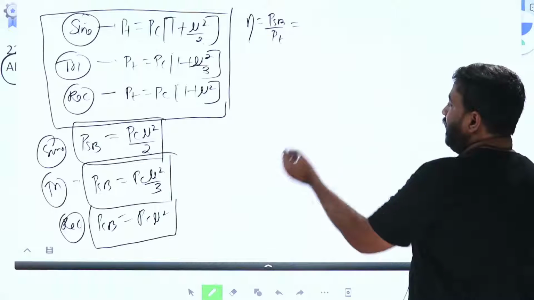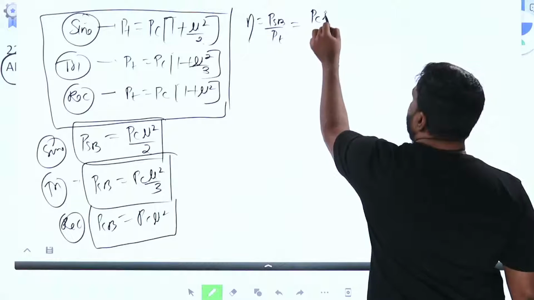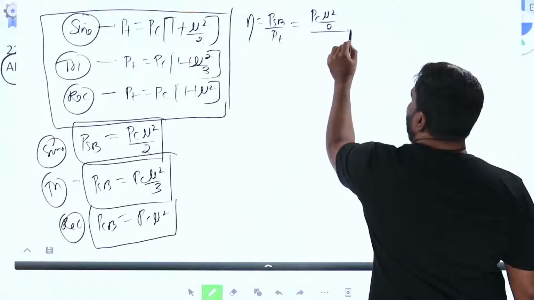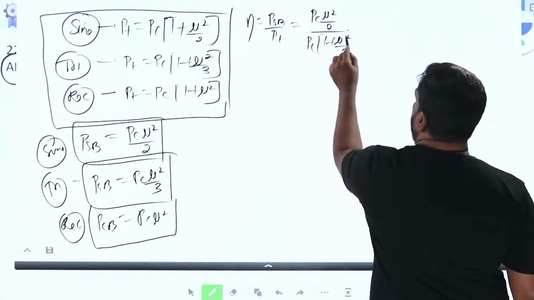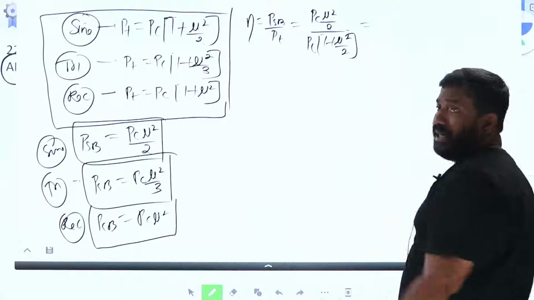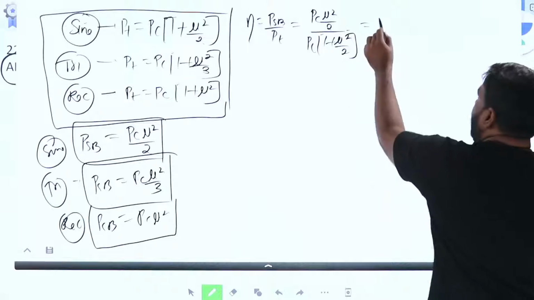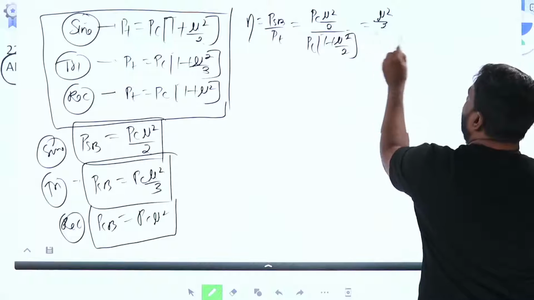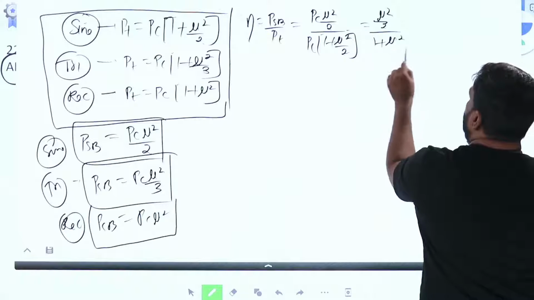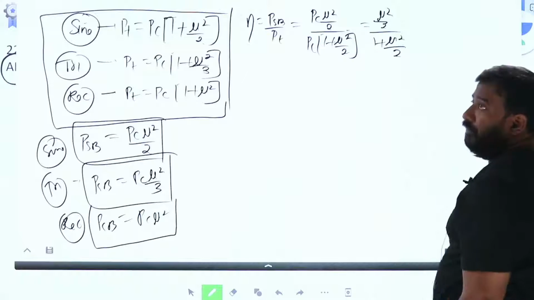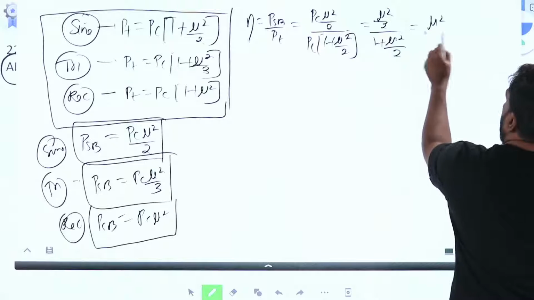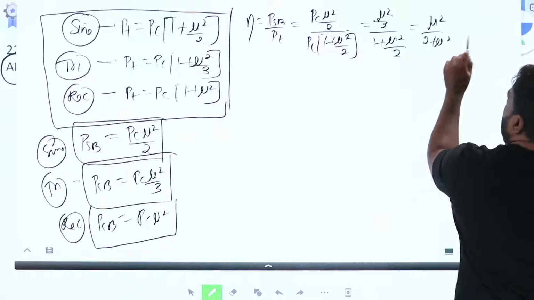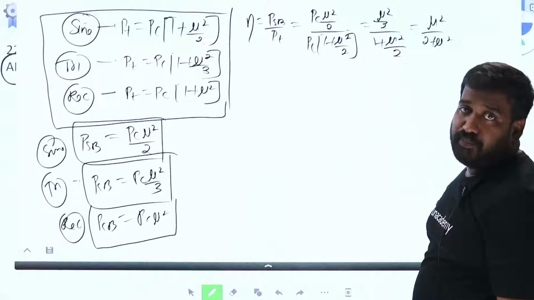If you do it for sinusoidal input, Pc into mu square by 2 over Pc into 1 plus mu square by 2. Pc and Pc get cancelled. Mu square by 2 by 1 plus mu square by 2. Solving this, you get modulation efficiency is mu square by 2 plus mu square. This is for sinusoidal input.